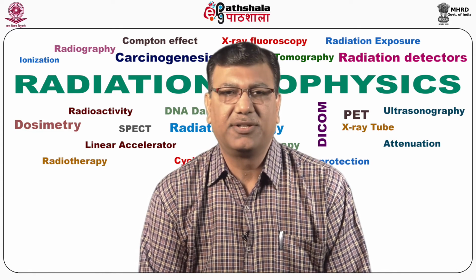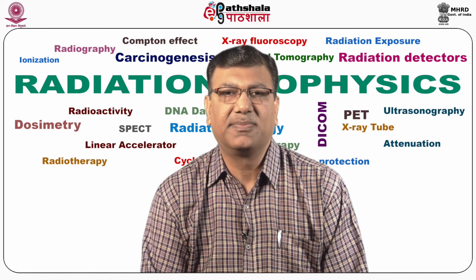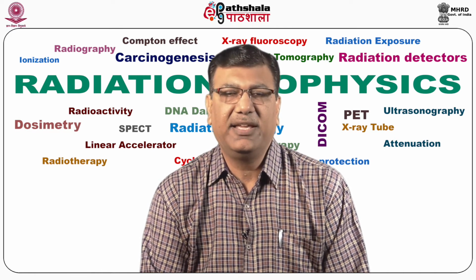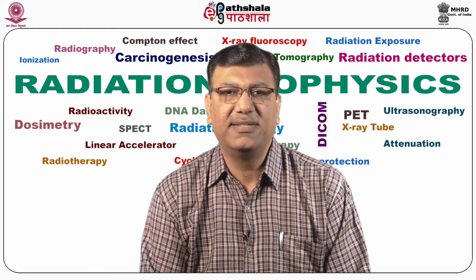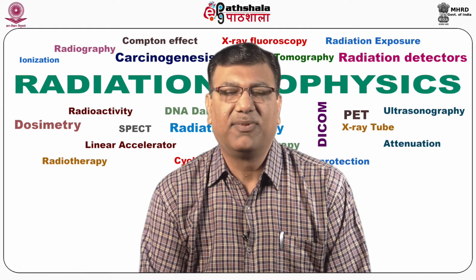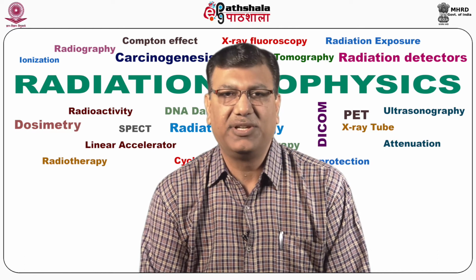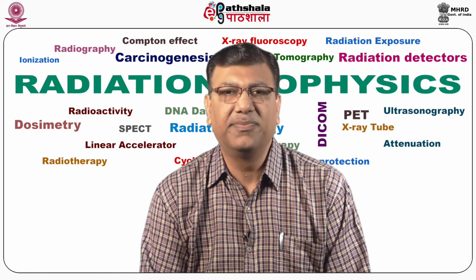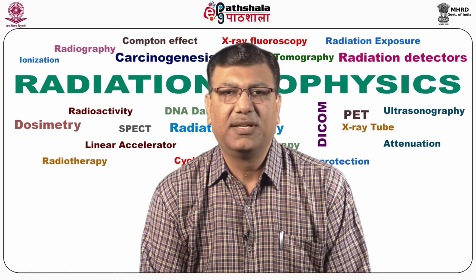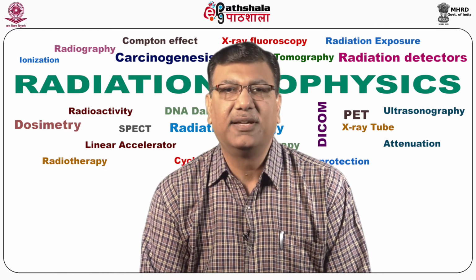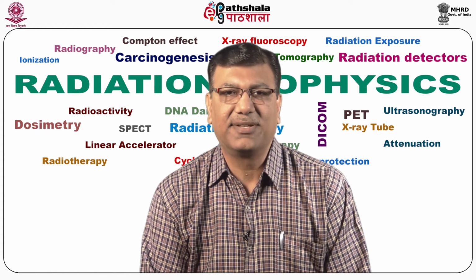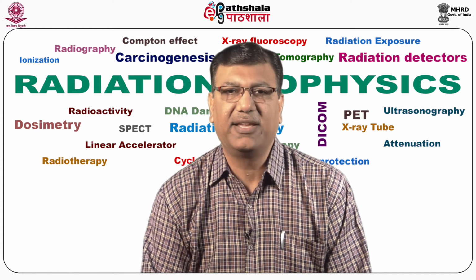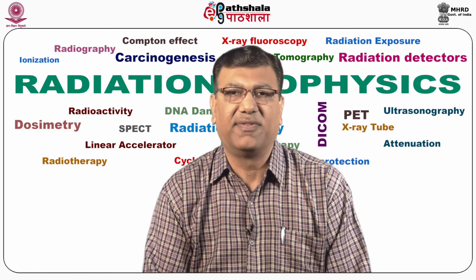Intensity modulation is not possible in that case. In a linear accelerator, we can use dynamic wedges, while this cannot be used in a Cobalt machine. That is why nowadays the use of linear accelerators is increasing. There are many linear accelerators established in our country.